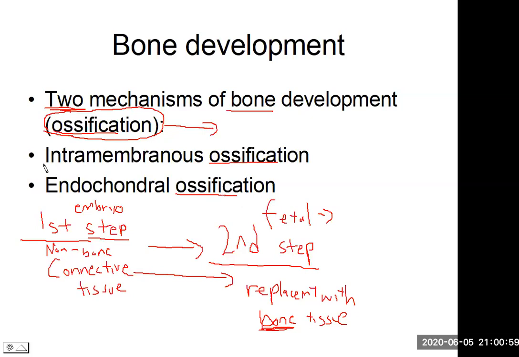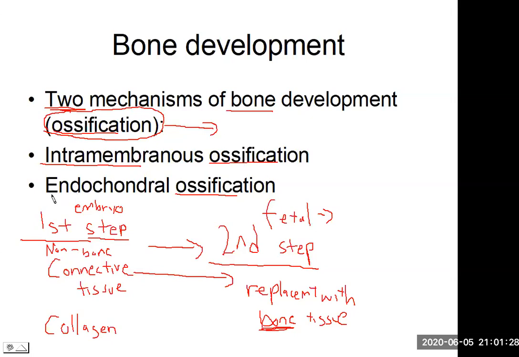So how they're different now, intramembranous ossification. In intramembranous ossification, the original tissue to form is a collagen-based material. So it's a collagen-rich material. And then it's replaced by the creation of true bone tissue.